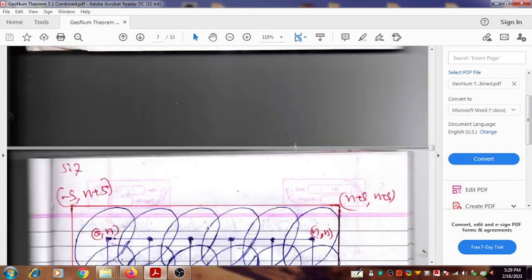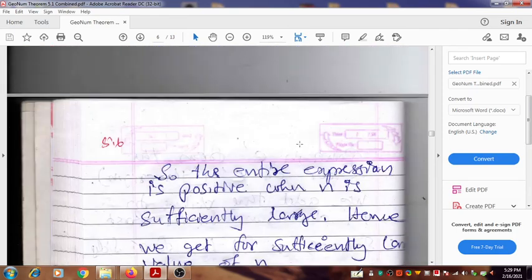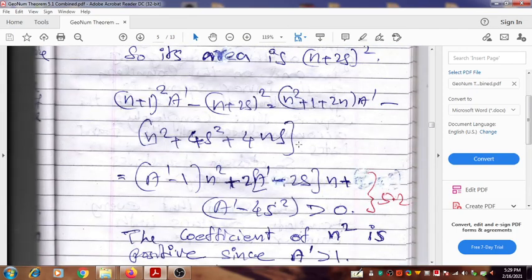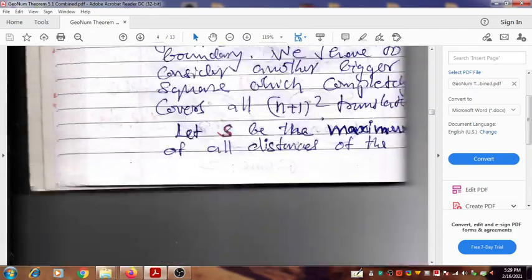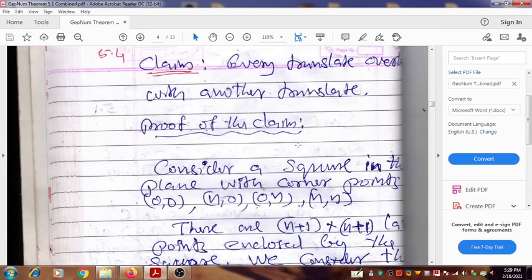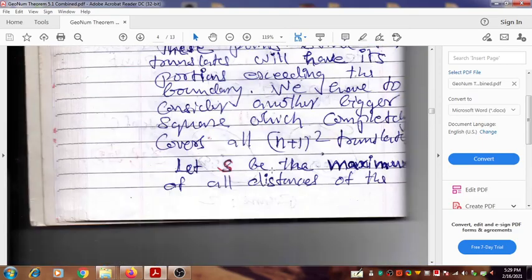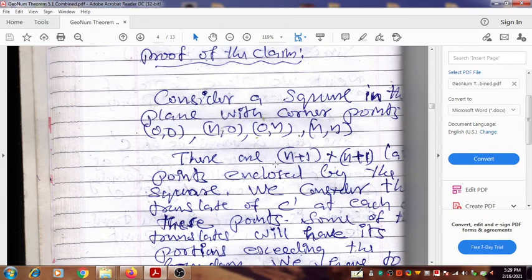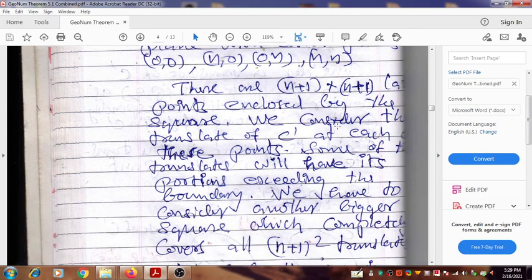Now we can come back to the point where we stopped, where we diverted. This is explained here. This is the point from where we started moving to the figure, and there are n plus 1 into n plus 1 lattice points enclosed by the square.